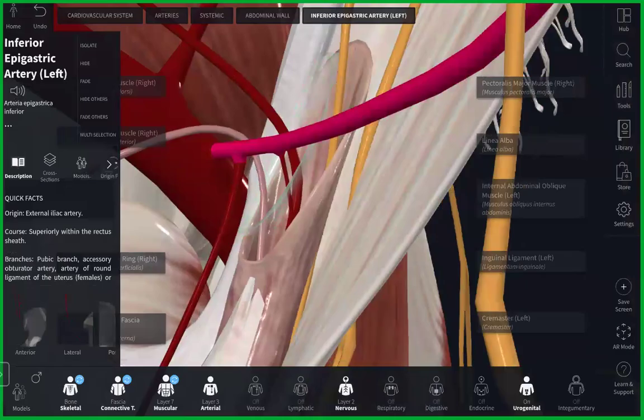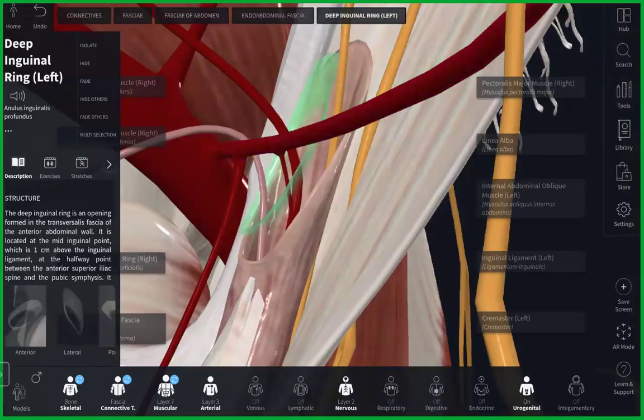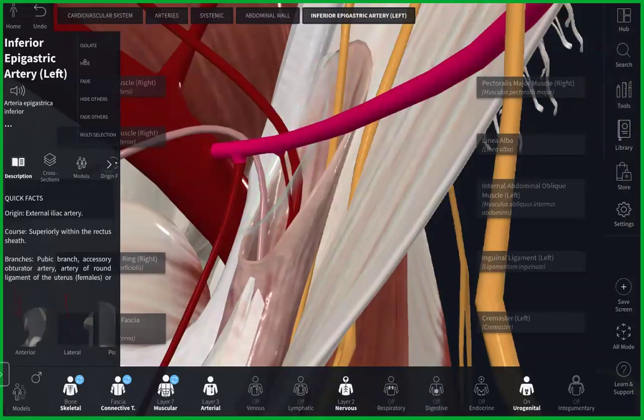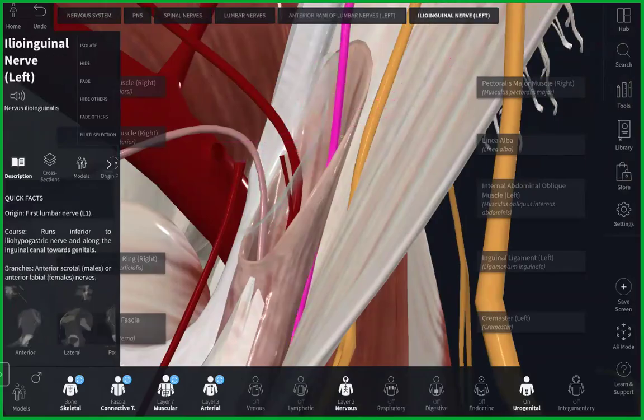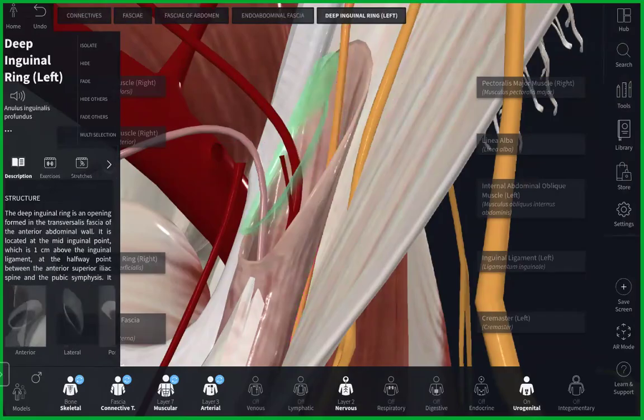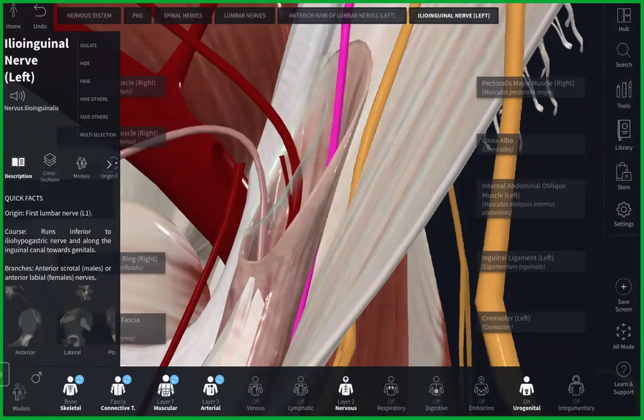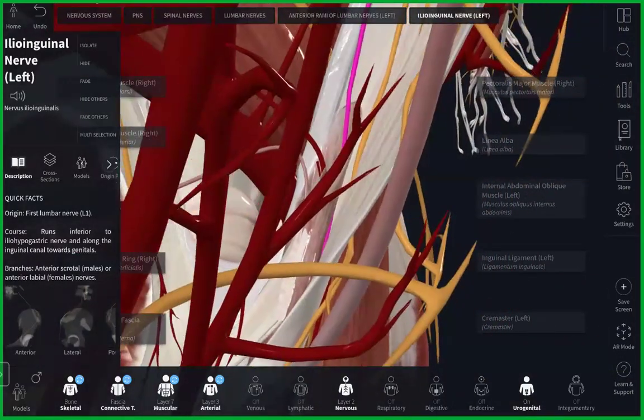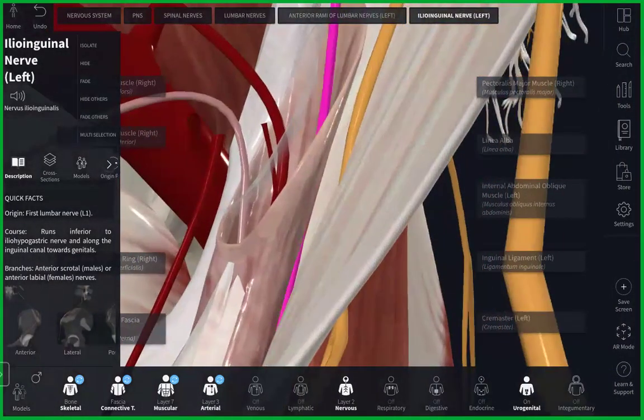This is bypassing the deep inguinal ring. For now, let me hide this thing. And going over the deep inguinal ring, it does not enter the deep inguinal ring. It's over the spermatic cord.